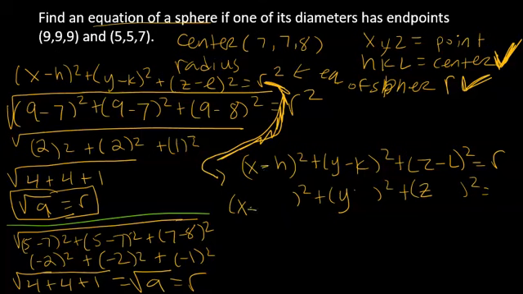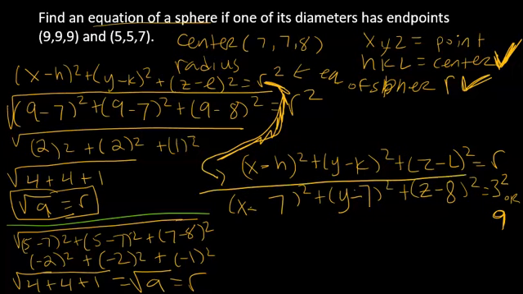I'm going to do minus, minus, minus. And I'm going to do the center I just found. Right? That's the setup. What about r? Well, with r, it's either going to be 3 squared or it's going to be 9. That's it. That is my final answer.